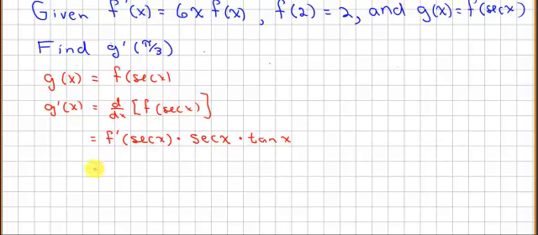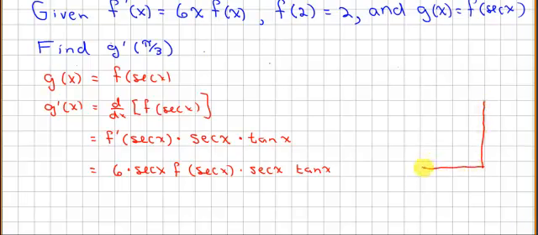So f prime of secant of x is 6 times secant of x, replacing the x with secant of x, times f of secant of x, and that's f prime of secant of x, times secant times tangent.